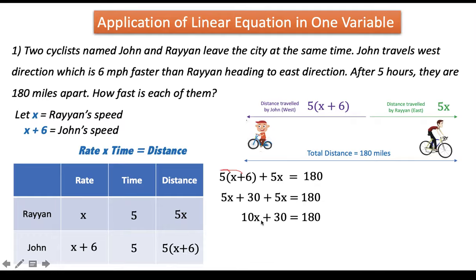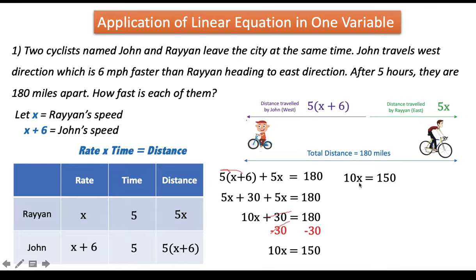Let us now isolate x by eliminating plus 30 and times 10. We subtract 30 from each side of the equation, applying the subtraction property of equality, because we want to eliminate plus 30, and we are left with 10x on the left side. 180 minus 30 is 150.